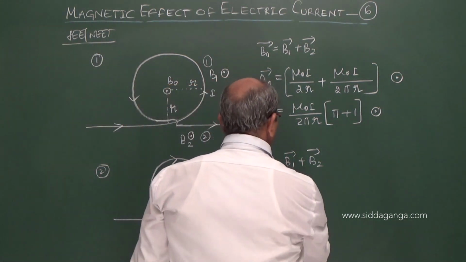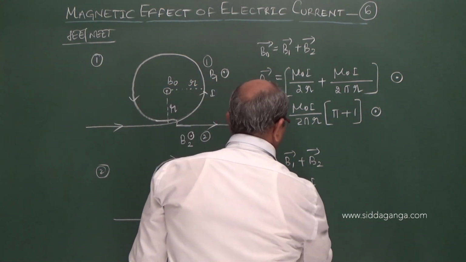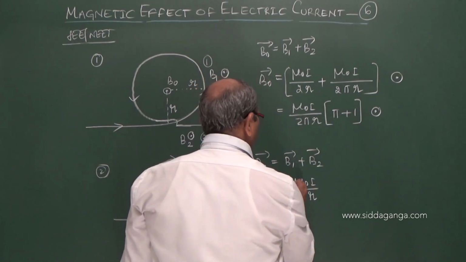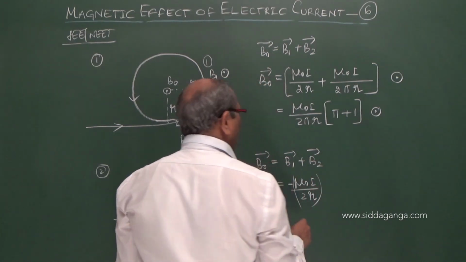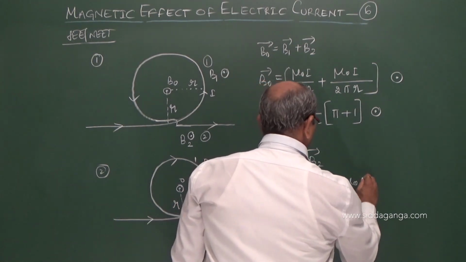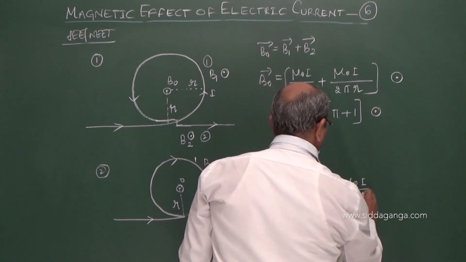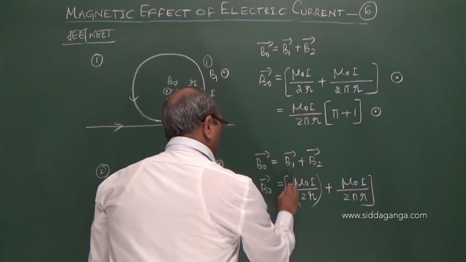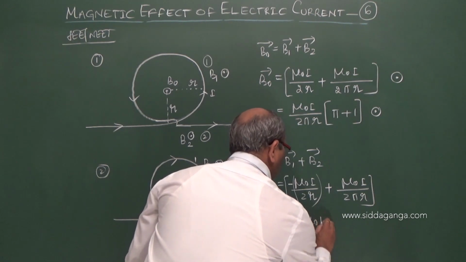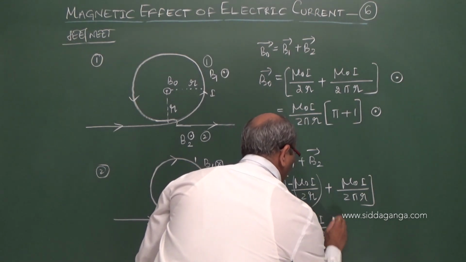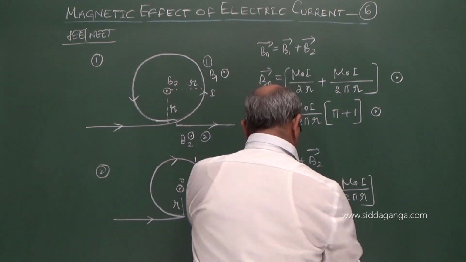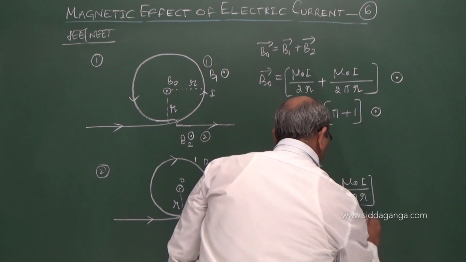If I write here B naught, mu naught I by 2R, same relation as before. But I put it as negative because I have taken the outward field as positive, plus mu naught I by 2 pi R. When I simplify, if I bring out mu naught I by 2 pi R, this is no doubt 1, but minus pi.